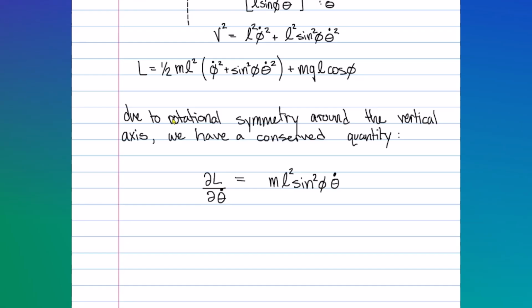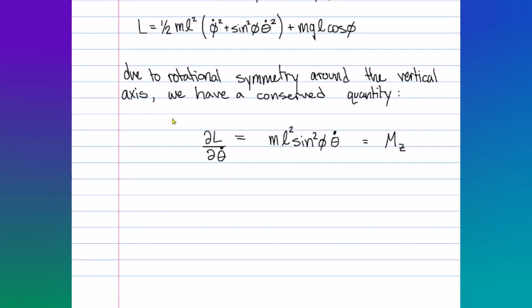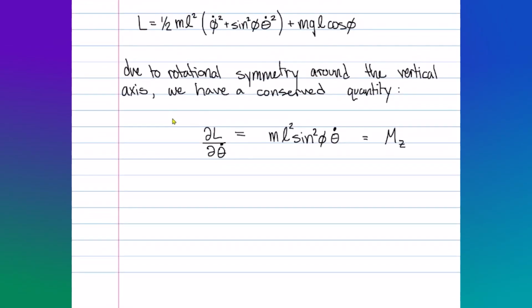And we'll call this quantity mz for the angular momentum around the z-axis.